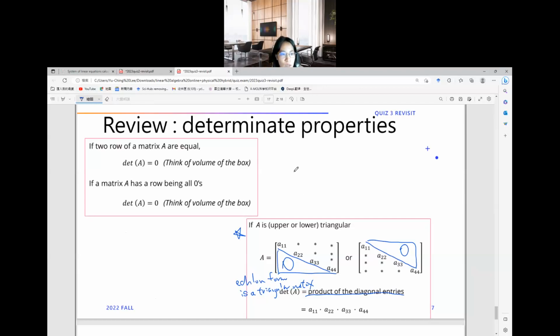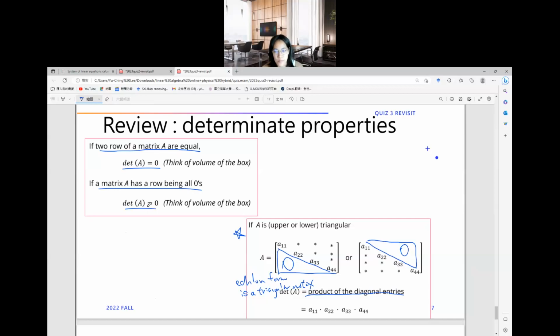And also we need to notice that in the process of doing Gaussian elimination, we may observe that two rows of A are equal, or two rows of some intermediate matrix are equal, then we can immediately jump to the conclusion that the determinant of the matrix is 0. Or if we observe that a matrix A has a row of all zeros, in this case the determinant of A is also 0. What about a matrix A that has a column of all zeros?